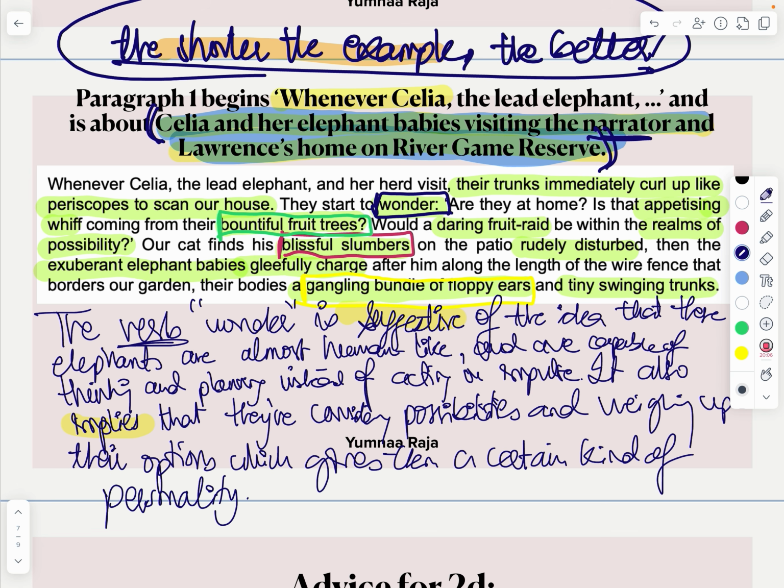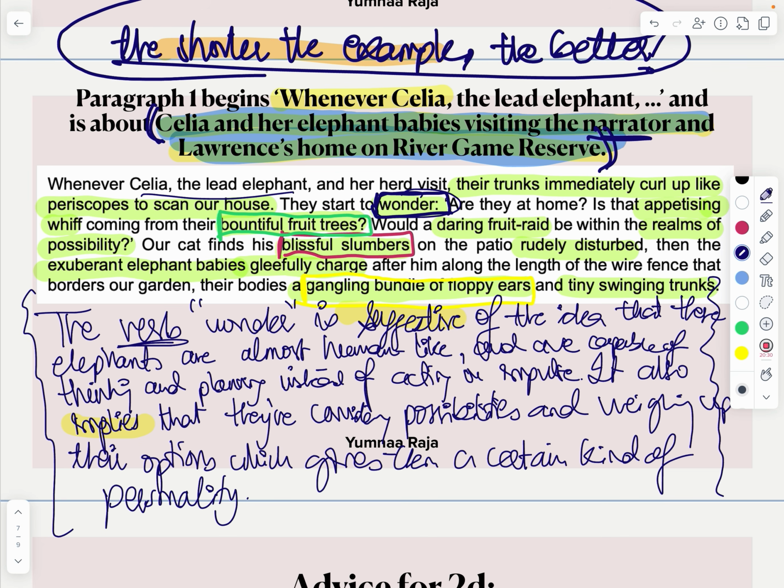So what am I actually doing? I'm using this one word, and by using this word, I'm trying to talk about Celia and the elephant babies. Celia, by the way, is the lead elephant. So I'm trying to explore Celia's personality, or the elephant babies and their personality, and thereby I'm trying to give the examiner some kind of an insight into what these characters are.